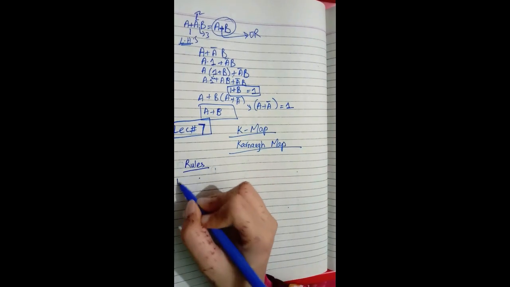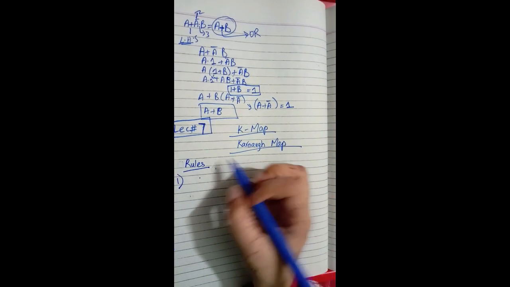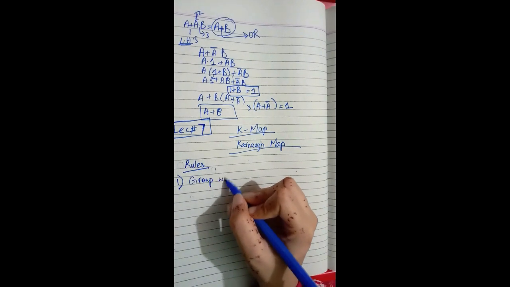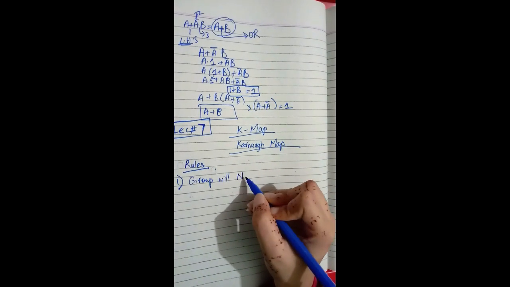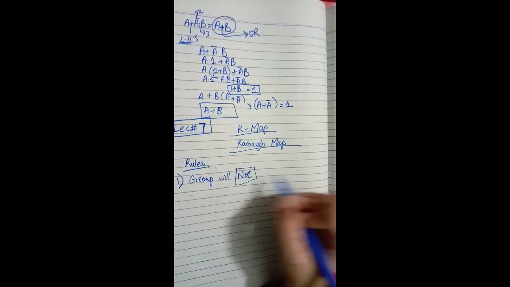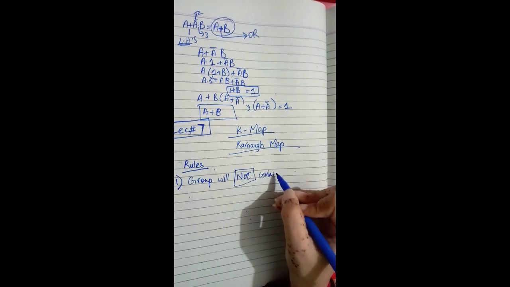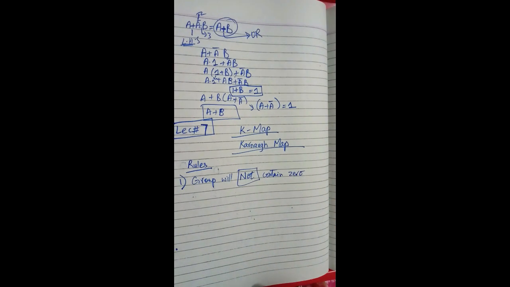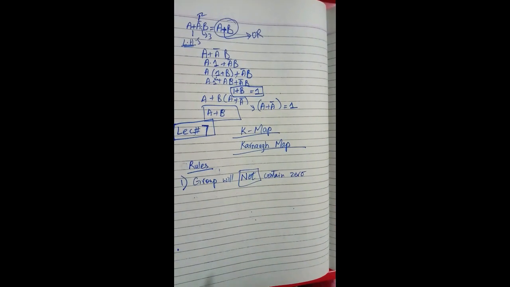The rule number 1 is our group will not contain 0 in it. This is our first rule to make a K-map, that says the group will not contain 0.